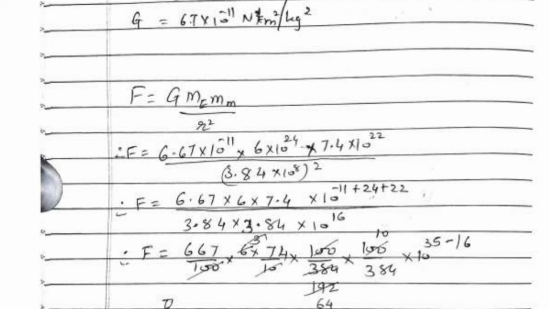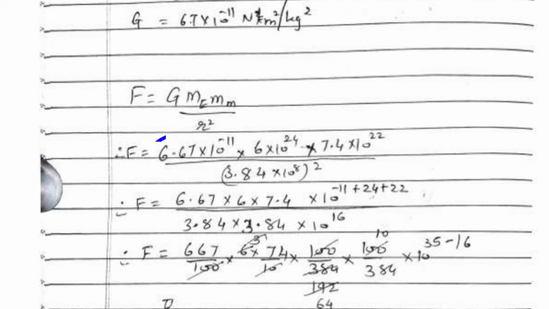So here children, for the simplification, all the powers of 10, this and this, I am simplifying first, and the rest I have written together. So what I am writing here is 6.67 into 6 into 7.4, these all came. Okay, now below, 3.84 squared, so that will be 3.84 into 3.84.